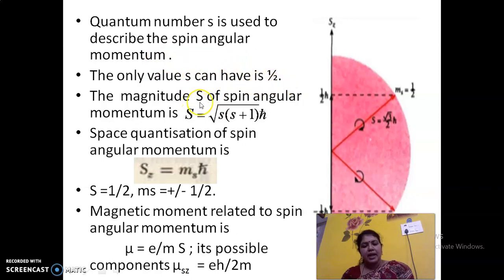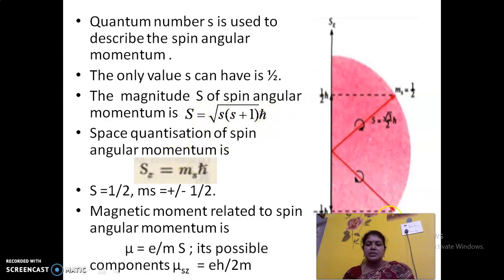The magnitude S of the spin angular momentum is S equal to root of s into s plus 1 times h cross. And this formula is very similar to the orbital angular momentum magnitude, capital L equal to root of l into l plus 1 times h cross.